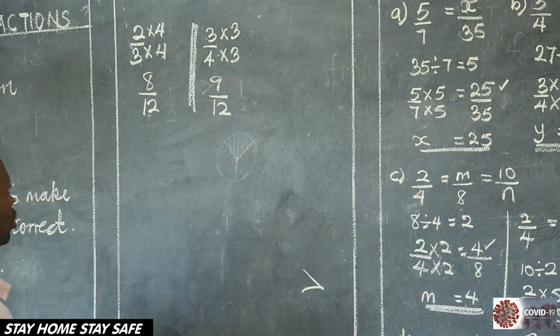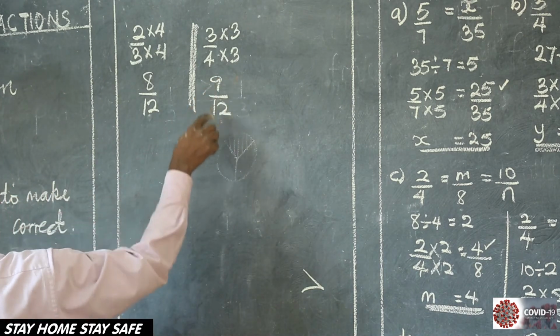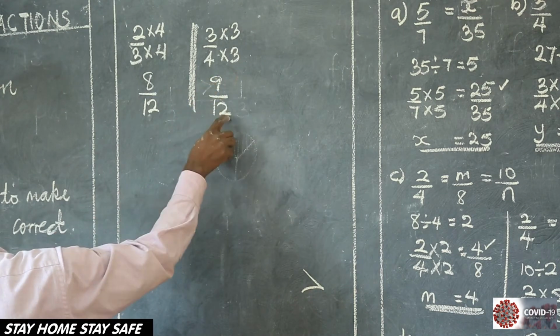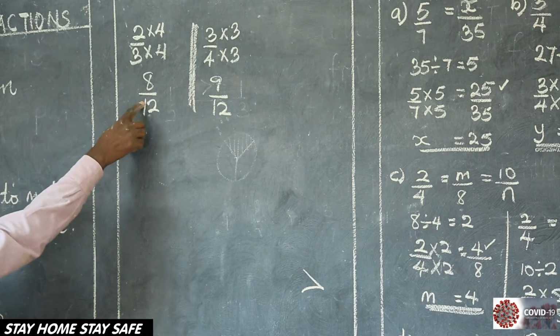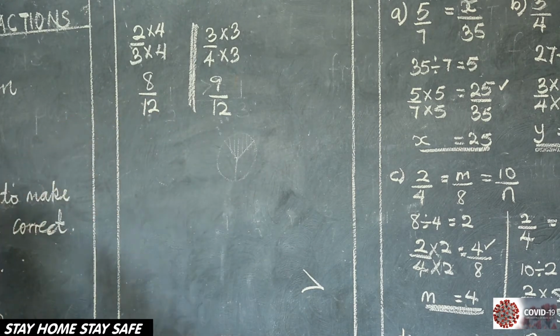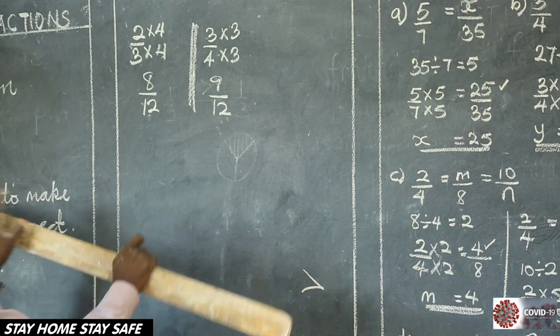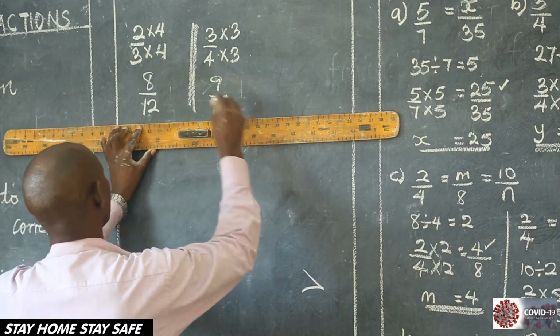Who has scored more? This one is bigger. So since this one is bigger, then it means we are going to say 8 is less than 9. So we shall say 2 out of 3 is less than 3 out of 4. And there I have compared.